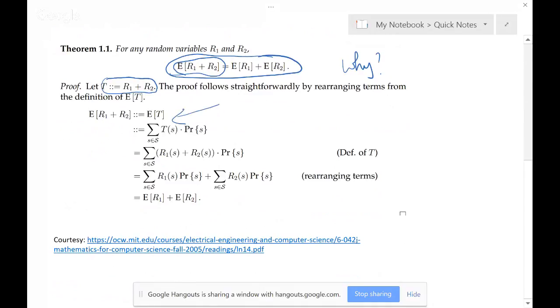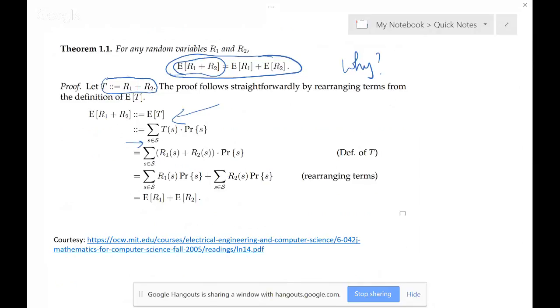So now it has become the expectation of this random variable T. Each value S that T can take has a certain probability associated with it. So you apply the formula for expectation, and you get the sum over all the individual values that T can take, times the probability of those values.